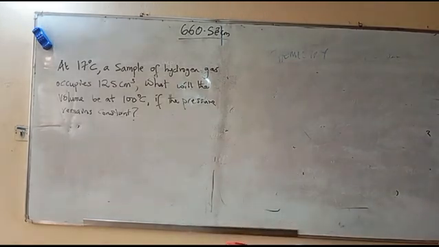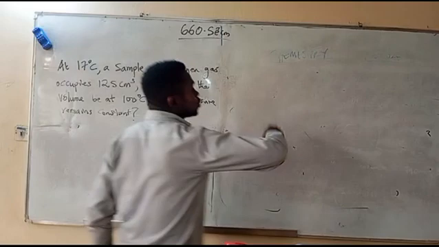Thirty seconds gone. What's the answer? 160 point what? 160.8 cm cube. So one person got 160.8 cm cube.